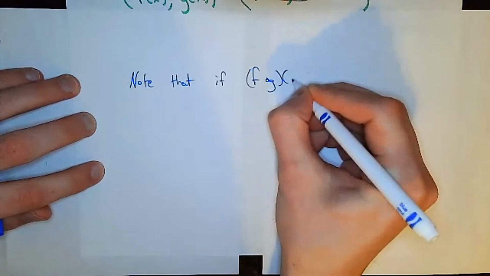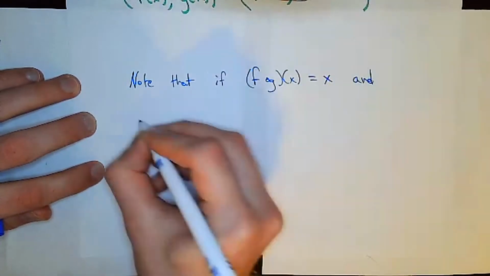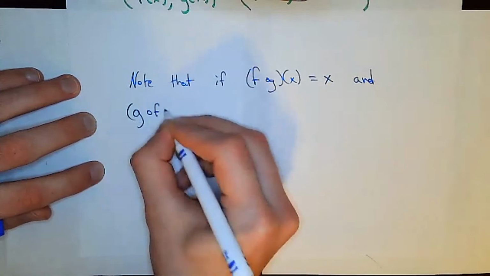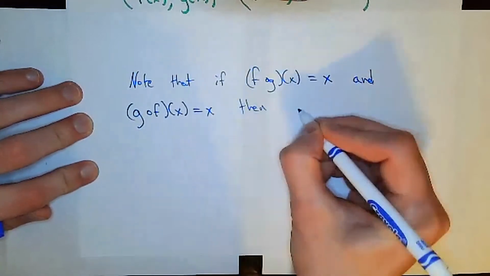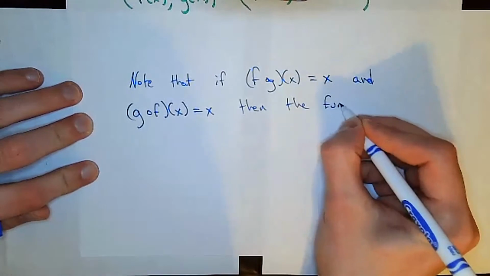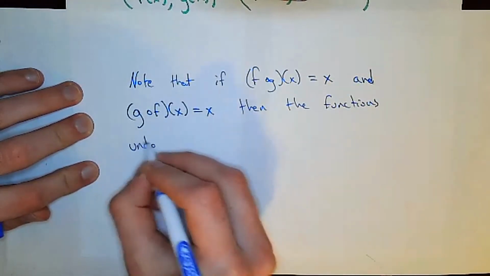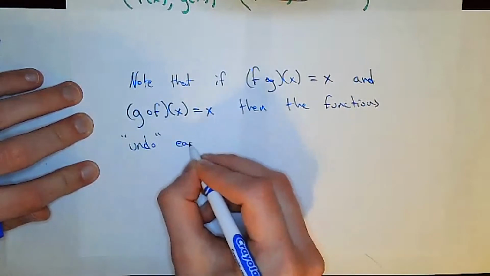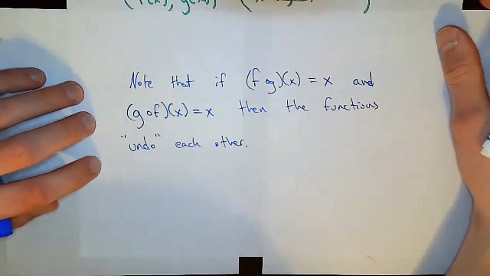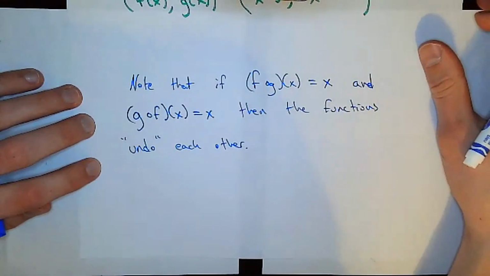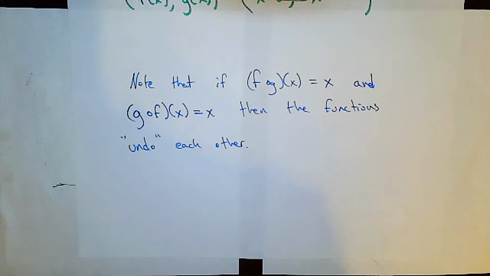If f composed with g at x equals x and g composed with f at x equals x, then the functions undo each other. This is going to be the point of section 2.8 when we talk about inverse functions.